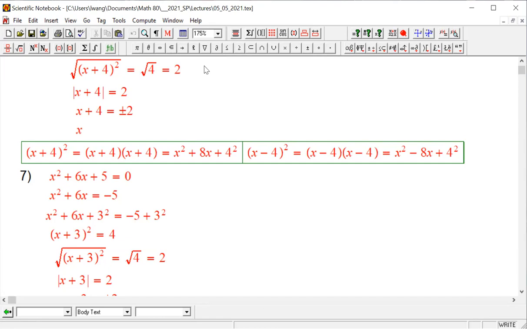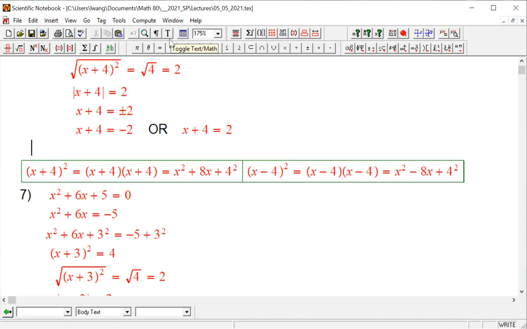It will be x plus 4 equals negative 2, or x plus 4 equals positive 2. So x equals negative 6 will be one of the answers, and the other one would be x equals negative 2. So that's our solution.